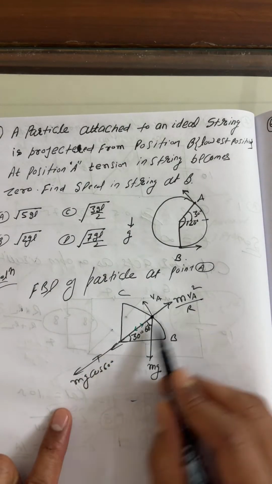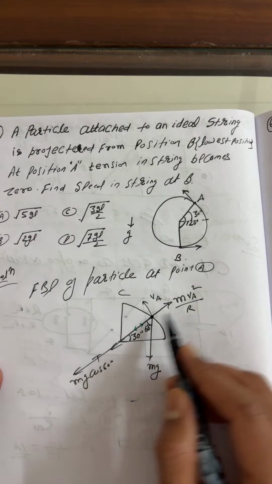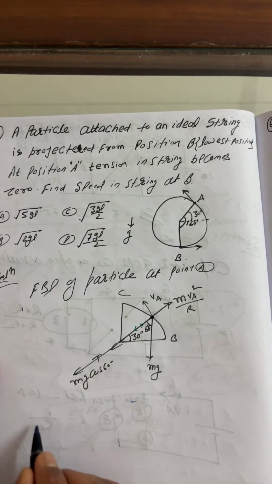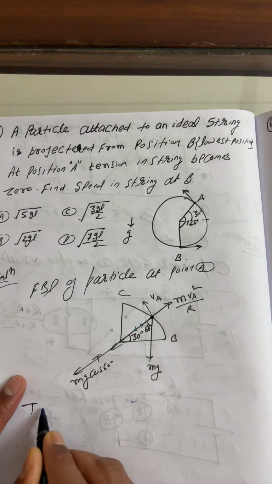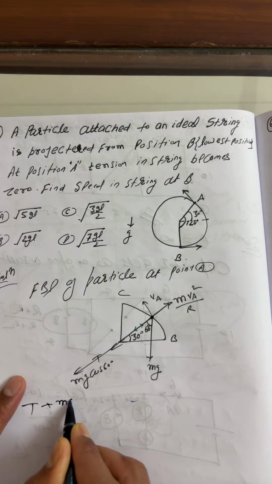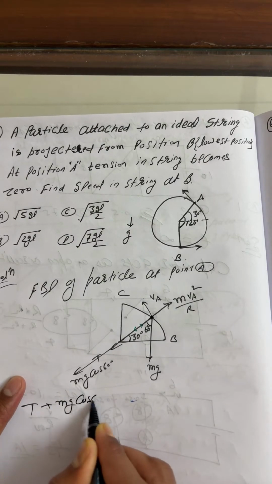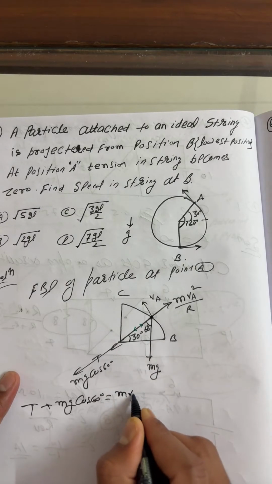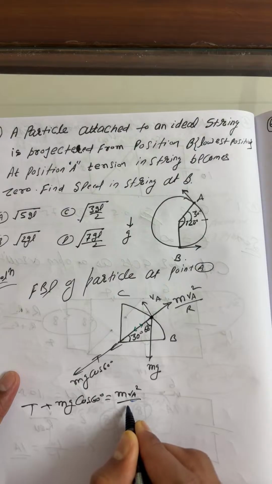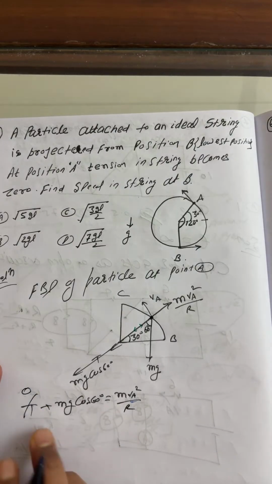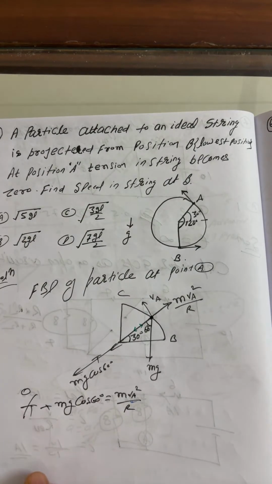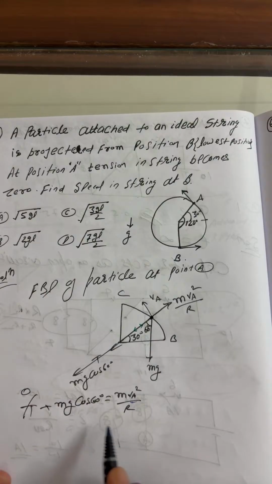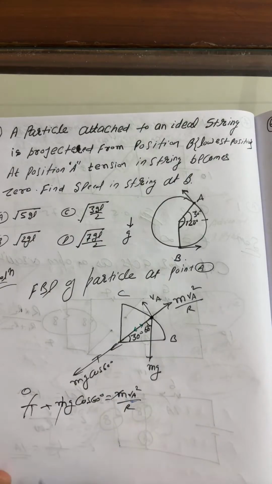Now just equate these forces along the radial direction. So you can write T plus mg cos 60 degree equals m VA square by R. Now tension is zero, as mentioned in the question itself. Then the mass also cancels on both sides.